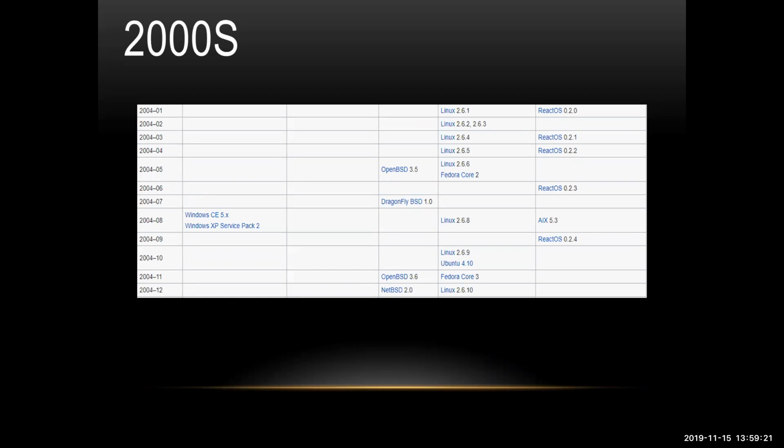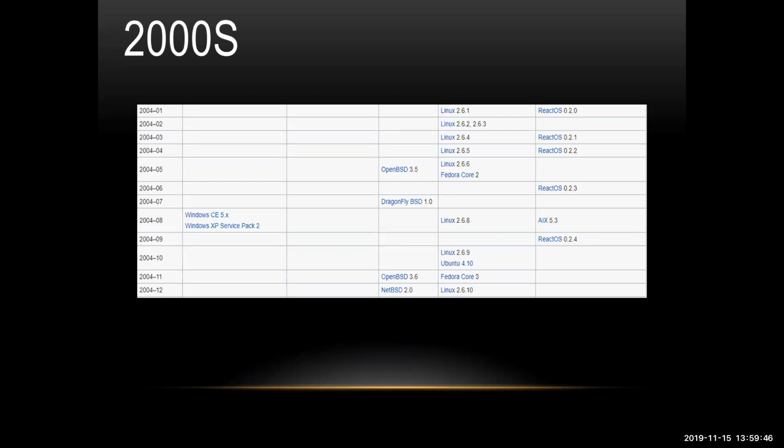And then April, we had Linux 2.6.5 and ReactOS 0.2.2. And then May, we had OpenBSD 3.5, Linux 2.6.6, and then Fedora Core 2. And then June, we had ReactOS 0.2.3. July, we had DragonFly BSD 1.0.